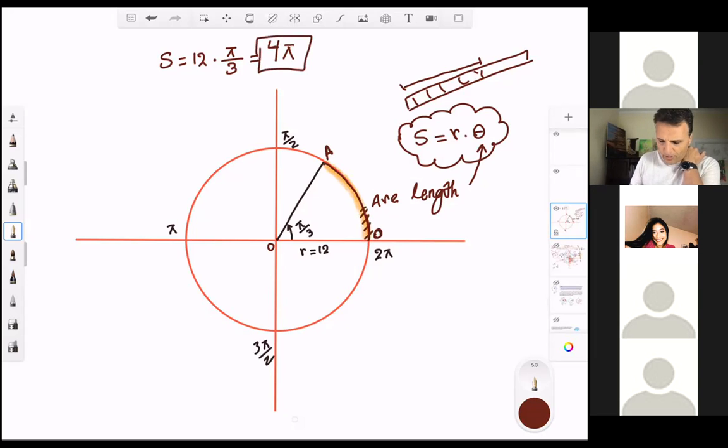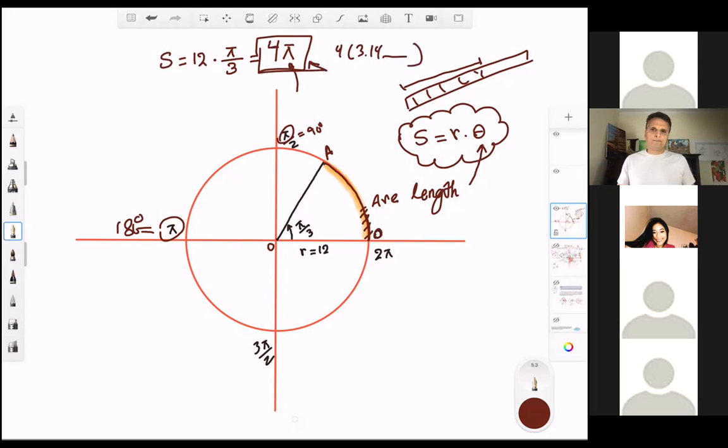And you see pi here, pi there. I said this pi is 180 degrees, pi over 2 is 90 degrees. But when we are dealing with the arc, when we are dealing with the distance, don't put 180 there. This pi is 3.14. So in your homework, if you have a question like this, you can leave it like this. If they say rounded, that means you need to put 3.14.